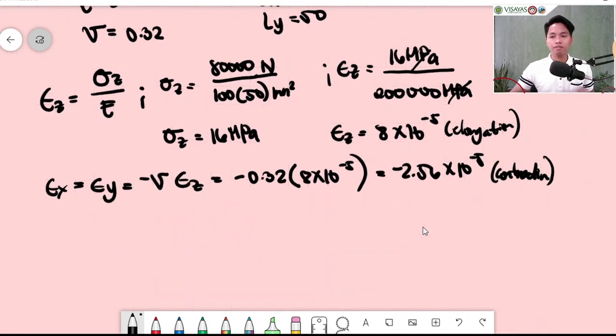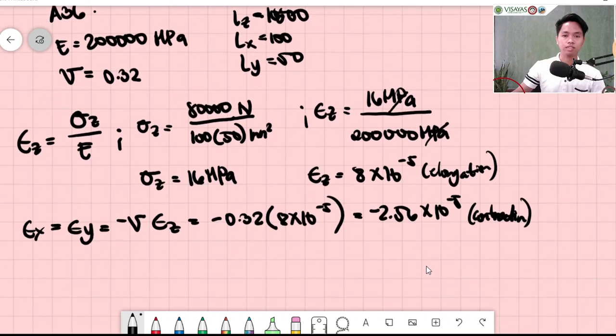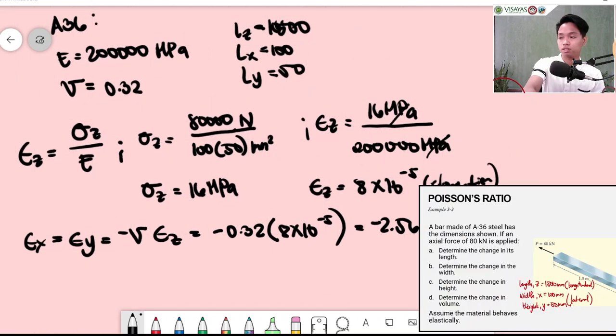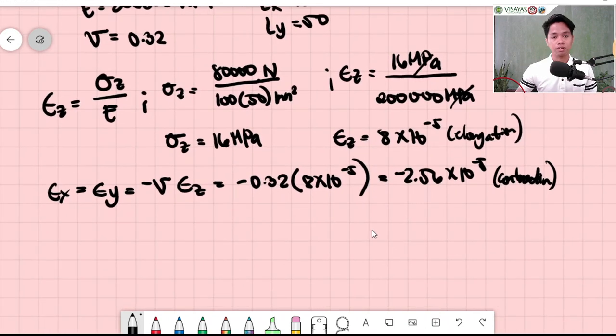So, since we already have the strains in all axes, we can now solve for your change in dimension. Let's start with the change in length. That is the first question: change in length, change in width, and change in height. So, your change in L, we are concerned with your z-axis because that is our LZ.